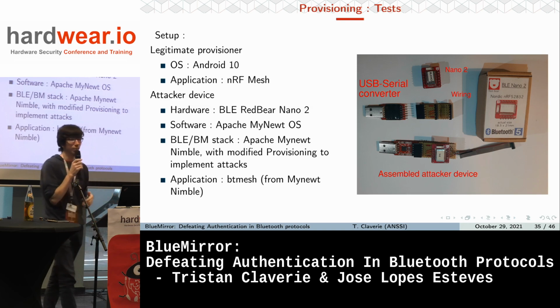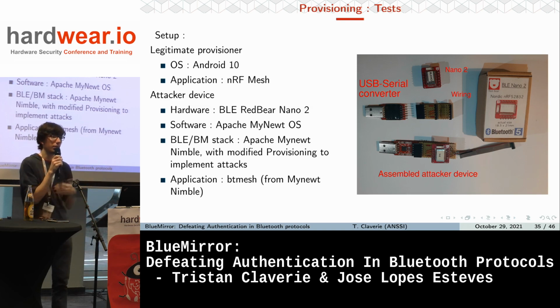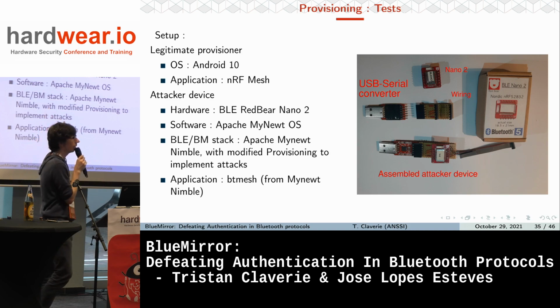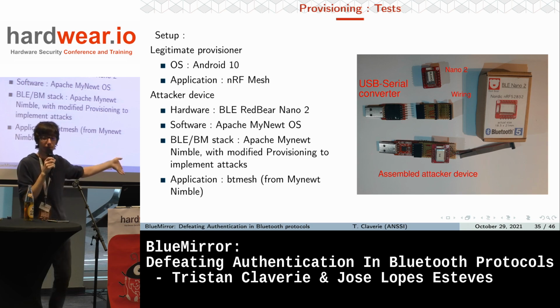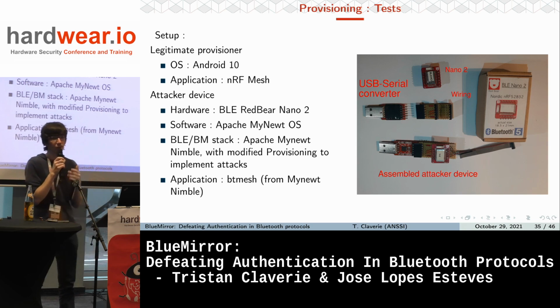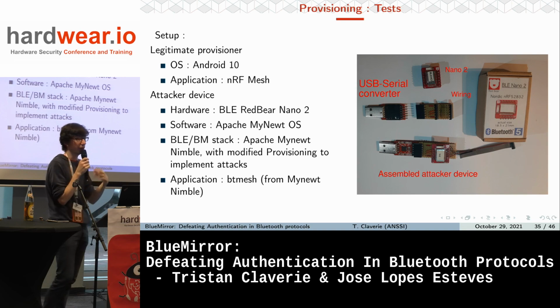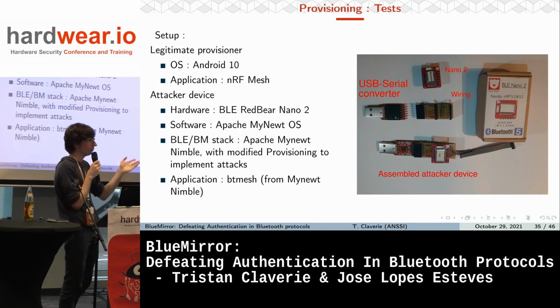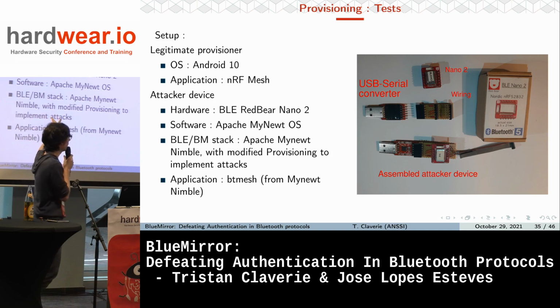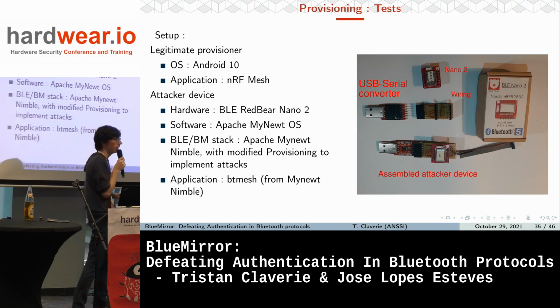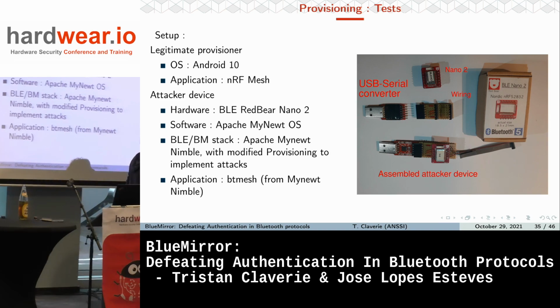We used the Apache Mynewt operating system, and we used the BLE and Bluetooth mesh stack which comes with Apache Mynewt, which is called NimBLE, and we modified the mesh stack to implement the attack on the provisioning. So we actually implemented all the cryptographic attacks on the provisioning to verify that they worked. And we used, again, a Mynewt application, which is called BT Mesh. And this is the setup.